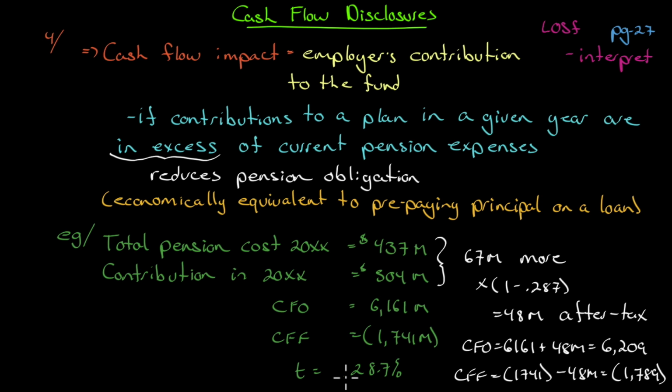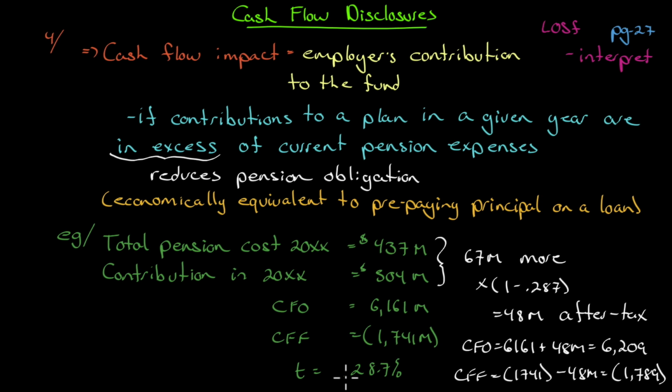The rest we'll put in cash flow from financing, because if we're right and these assets really perform, the actual return will be greater than the expected return. It'll move us into an even more overfunded position, or maybe from underfunded to overfunded over the next few years, and reduce the cash outflow that we need in later periods. So there is a case to be made for paying in excess.